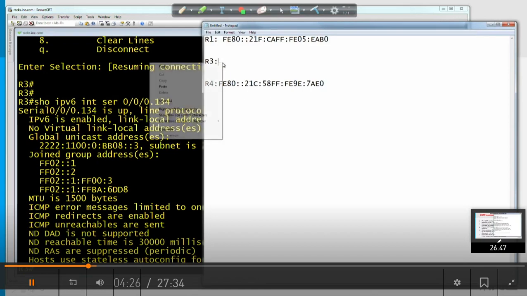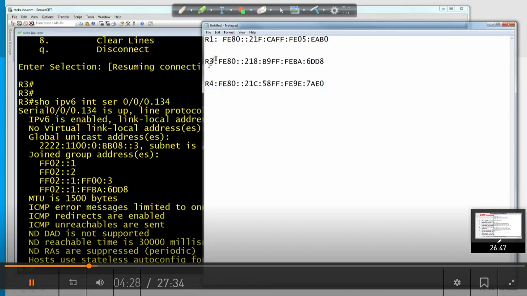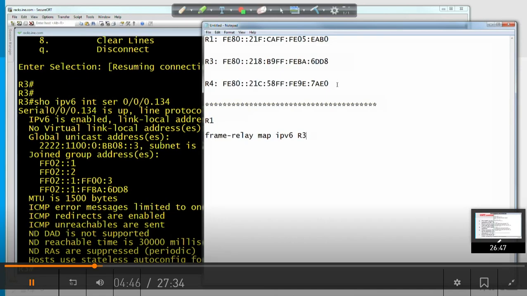And this is going to be important to add back in here, because just like with EIGRP, how it forms neighbor relationships using link local addresses, well, OSPF does the exact same thing. So for R1, we'll have frame-relay map IPv6, and we'll say R3 link local, and that's going to be 1 to 3, which is going to be 131.